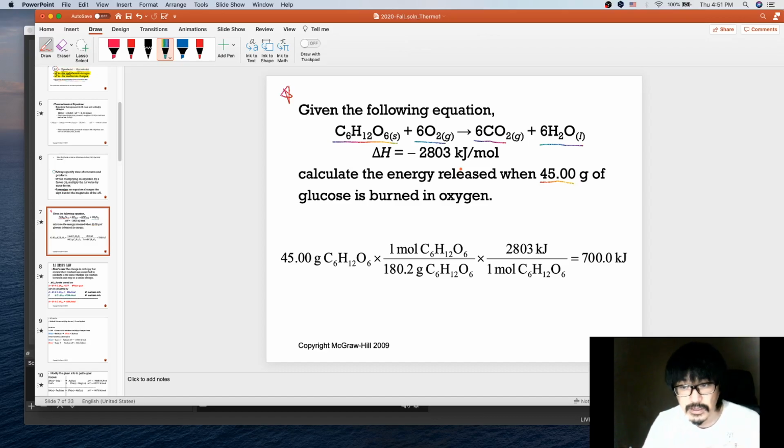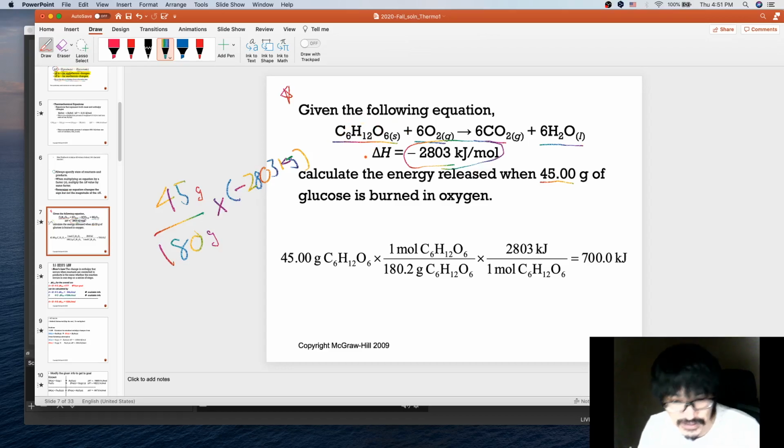Then you just need to multiply this value by the fraction of the whole. So that's the heat that comes out of burning only 45 grams of glucose, not the 180 grams. You burn 180 grams because the molecular weight is 180 grams per mole.